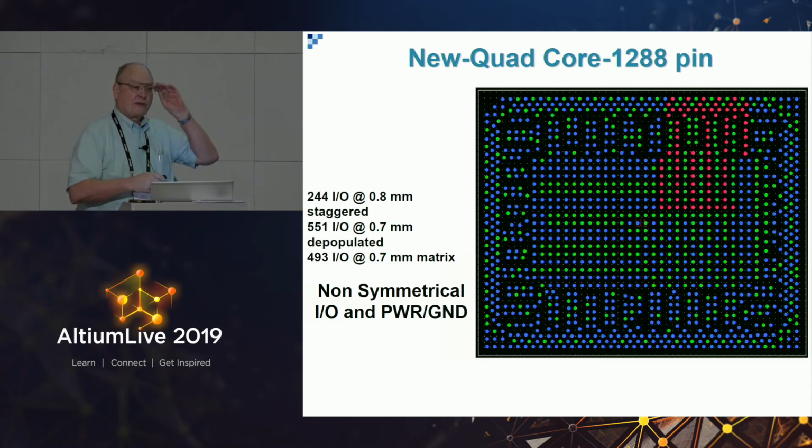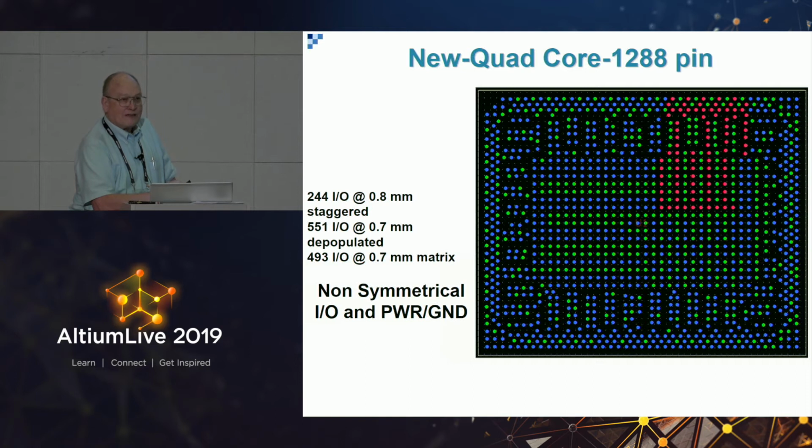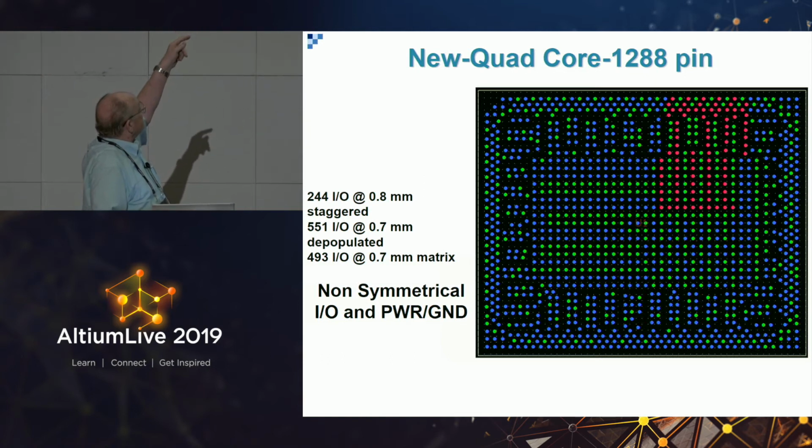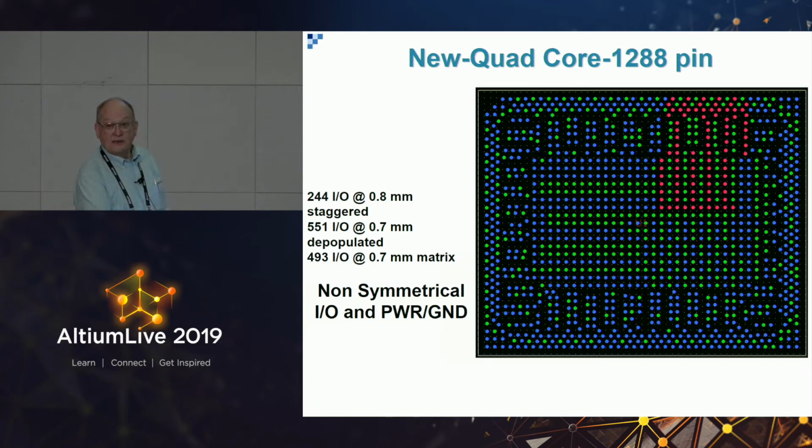And that's also becoming more and more common. They can't afford to make these complex chips symmetrical. And so consequently, they have, like I say, a 0.8 millimeter staggered grid, a 0.7 millimeter depopulated, and a 0.7 millimeter matrix. So it's a lot of fun.